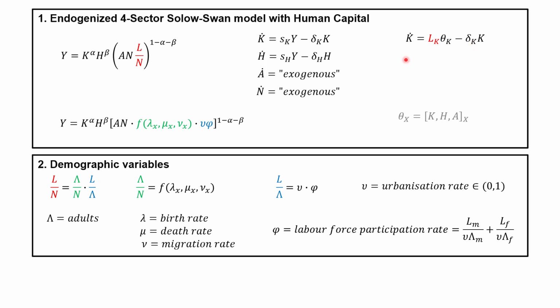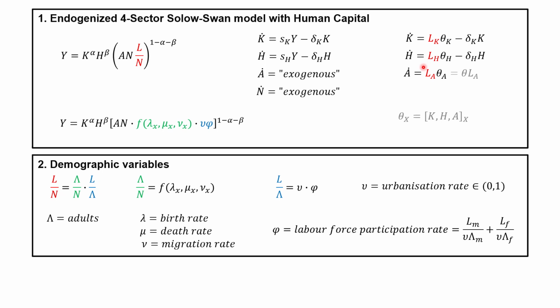And of course, we add our depreciation function. We get the same for the growth in human capital, right? A function of labor allocated to human capital, and the various productivity factors, and of course your depreciation factor.